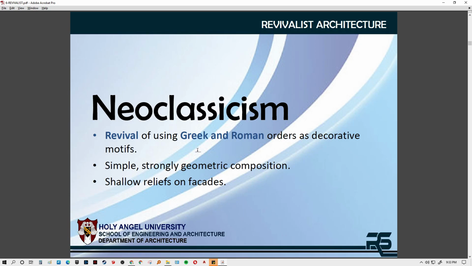So revivalist basically means reviving the classical styles, which are based on Greek and Roman motifs. The first one we have is Neoclassicism, which basically used these two architectural styles, and these are the medieval times, not the Romanesque ones.